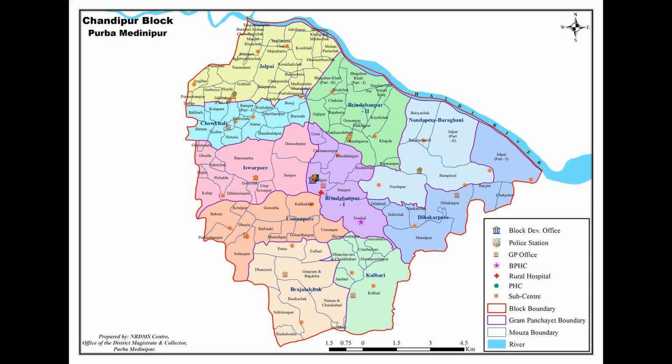and Usmanpur. Demographics: Population. As per 2011 census of India, Chandipur CD block had a total population of 188,119, of which 176,704 were rural and 11,415 were urban.